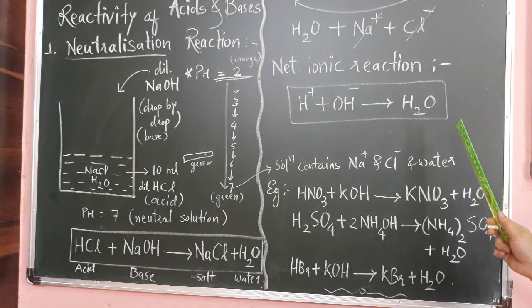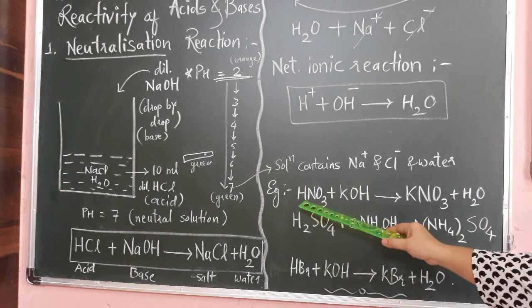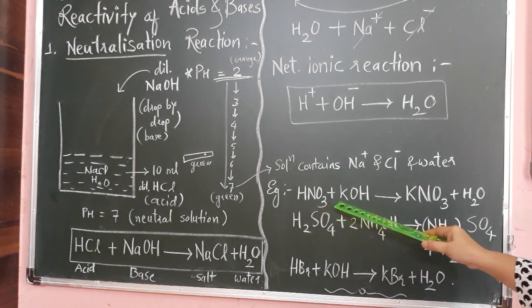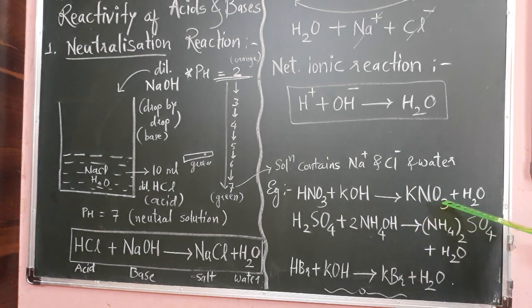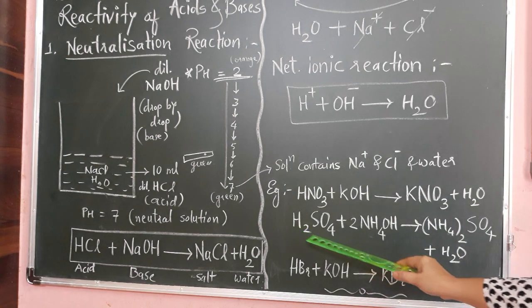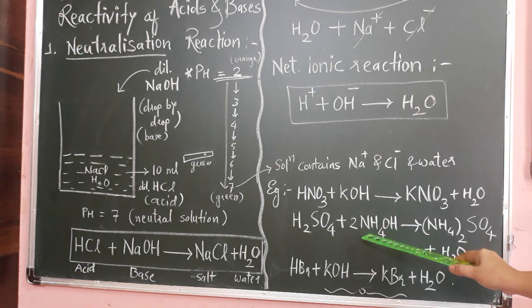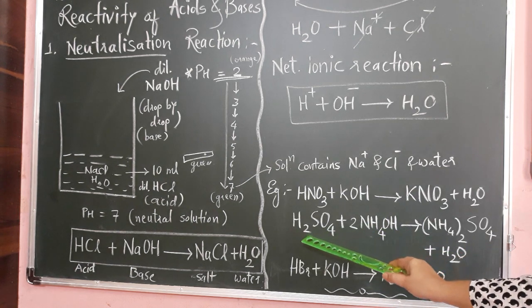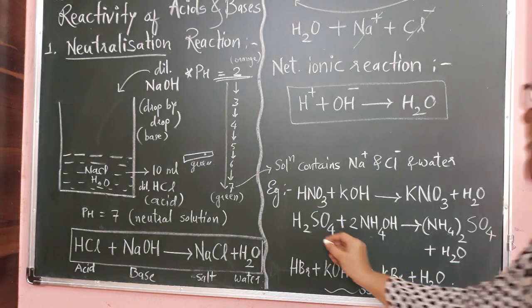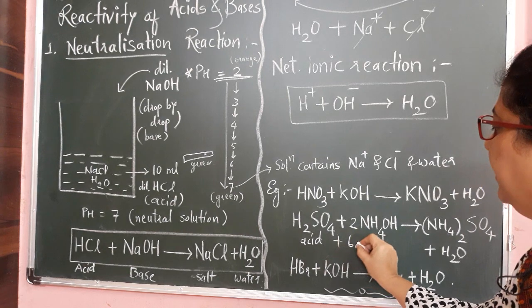Now some more examples. Nitric acid HNO3 plus potassium hydroxide KOH will form KNO3 plus water. KNO3 is a salt. Then sulfuric acid and ammonium hydroxide. So this is a base and this is an acid. Acid plus base will produce salt and water.